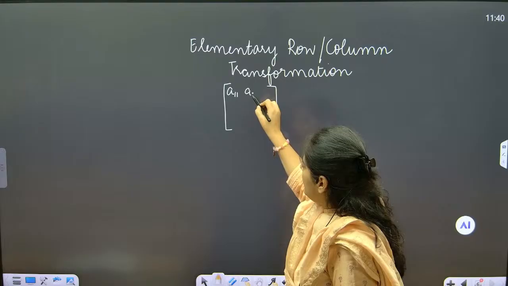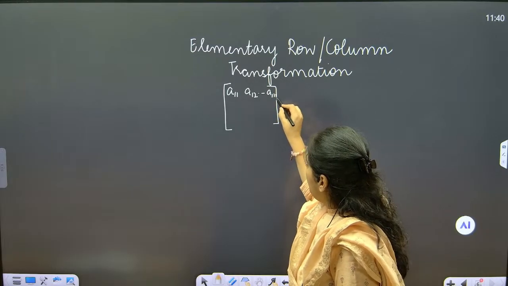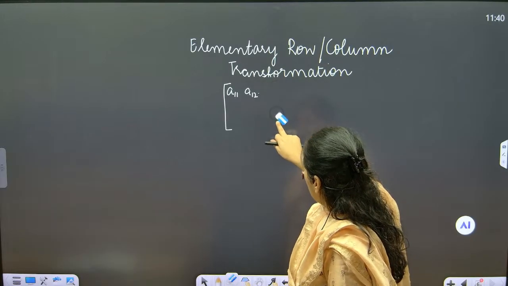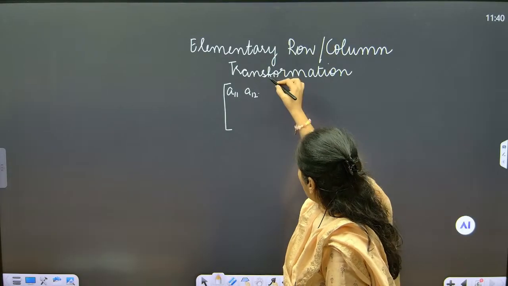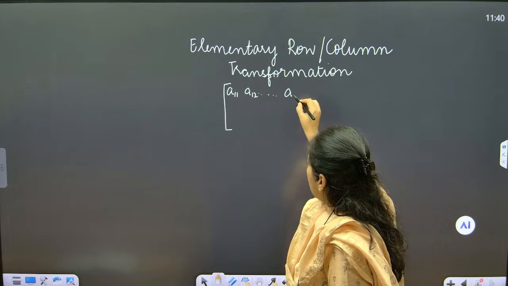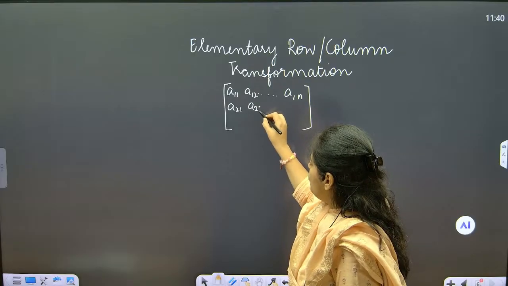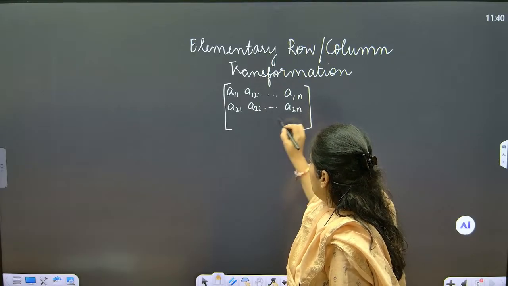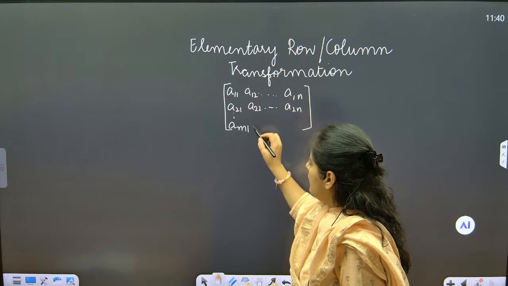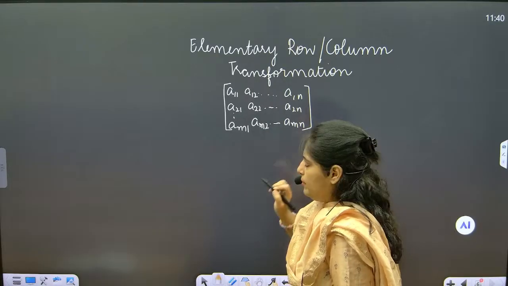Any matrix: A11, A12, A1n, A21, A22, A2n, up to Am1, Am2, Amn.